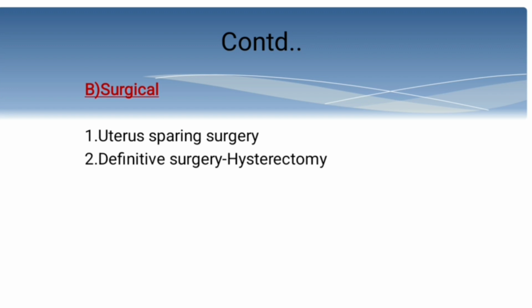That is the definitive surgery for adenomyosis. As we are talking about adenomyosis related to subfertility, we will not discuss hysterectomy here. We will just discuss uterus sparing surgery and the medical management of adenomyosis.